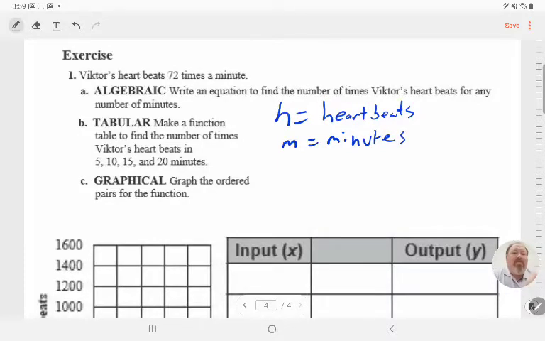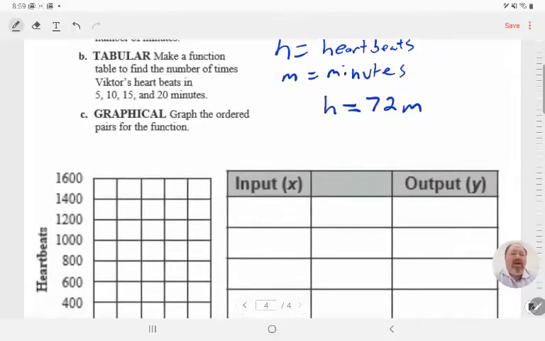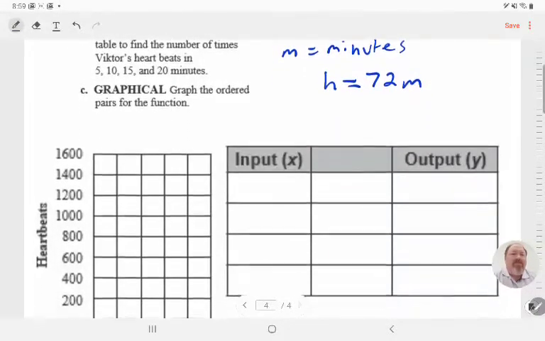Now I can write my rule. It says Victor's heart beats 72 times a minute. So I could say H equals 72 times M. Okay? So then it says to make a function table to find the number of times Victor's heart beats in 5, 10, 15, and 20 minutes. So I can make a table like this one down here.